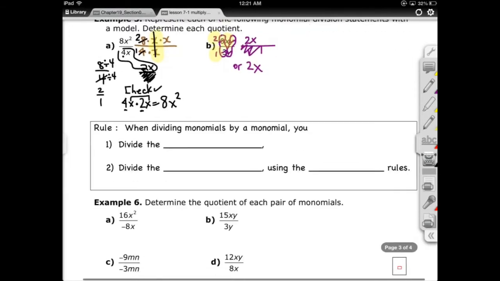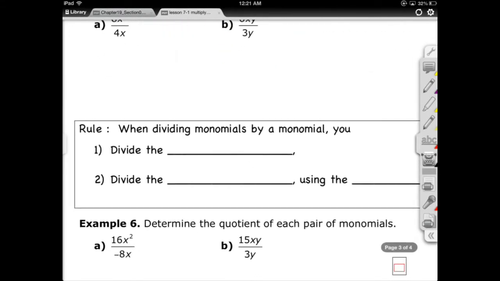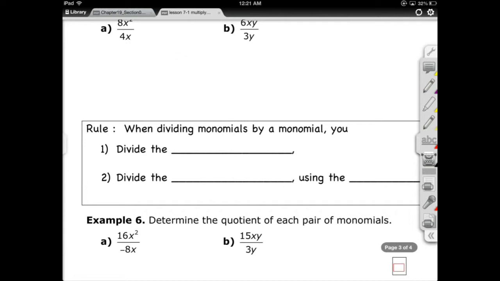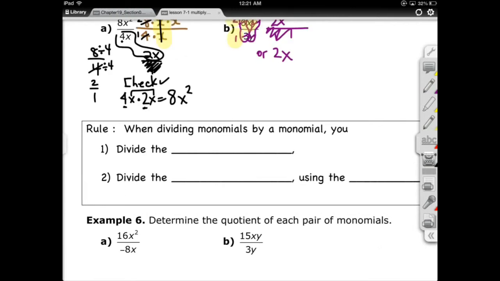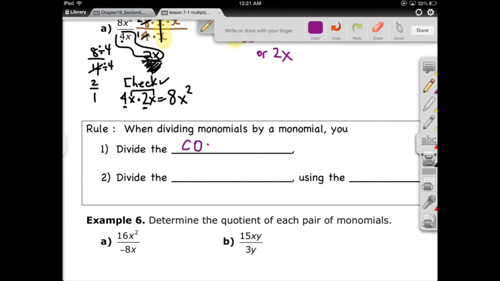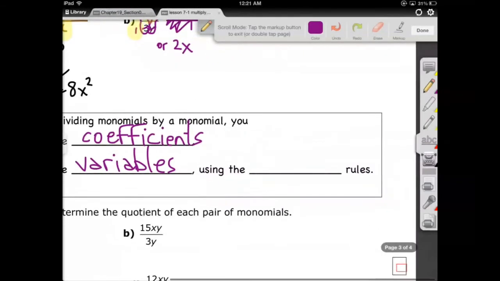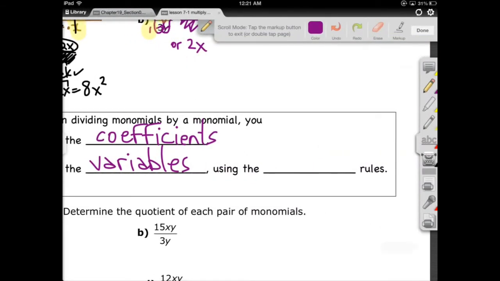Okay, so what's the rule? When you divide monomials, we saw before that you could multiply the coefficients. Well, guess what? You can divide the coefficients and you can divide the variable terms. But as long as the variables are the same, with division, remember the exponent rule is you can subtract the exponents.